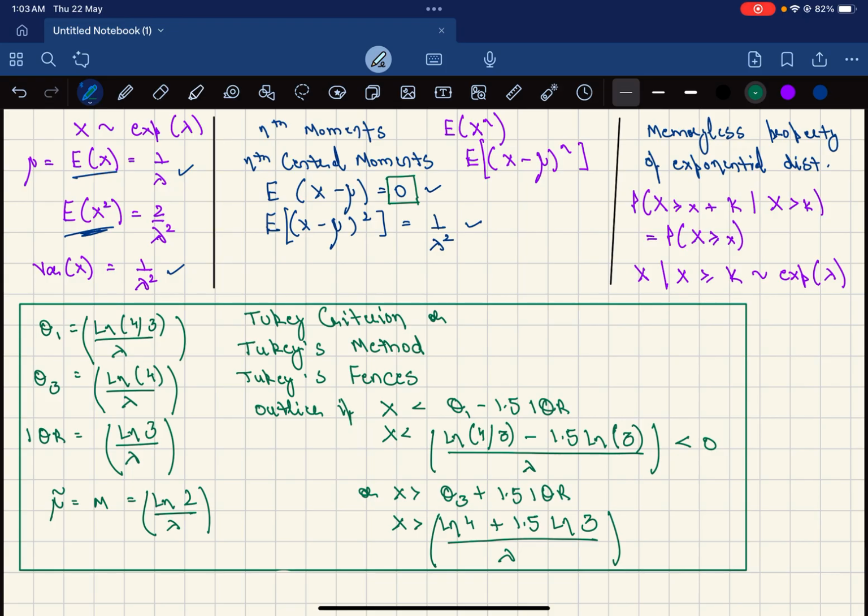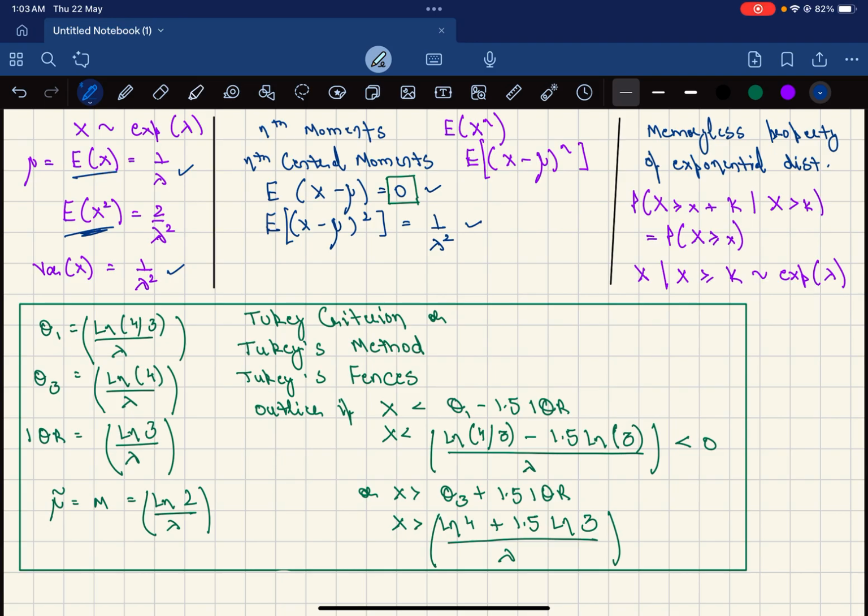Then we also looked at the memoryless property of exponential distribution, where we saw an example of a bus stop. The probability of waiting for a bus, given that the waiting time has already been k minutes, the probability of waiting another x minutes still remains the same as the initial probability of waiting for x minutes.